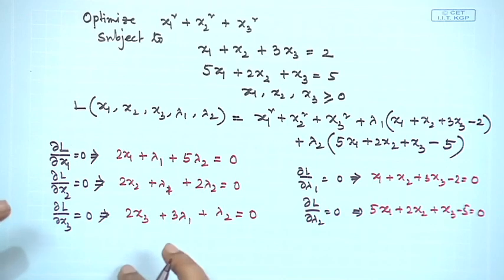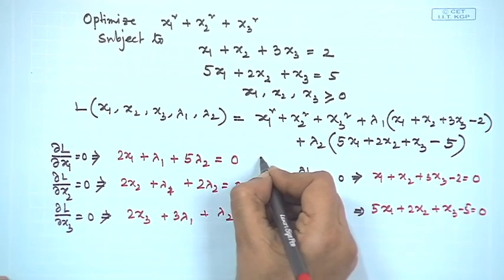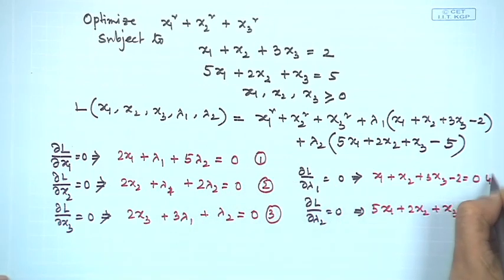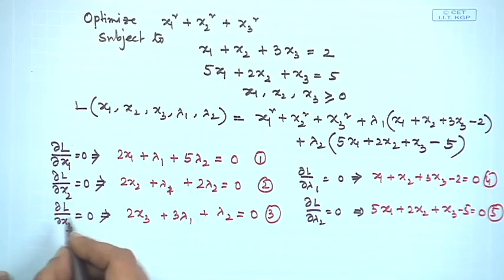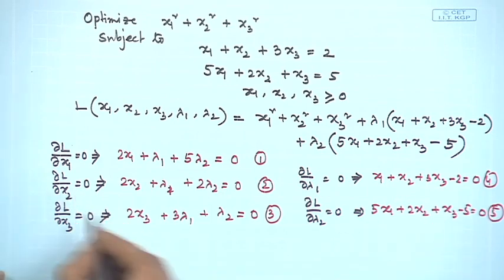Now, how can we solve it? You see, let me number the equations 1, 2, 3, 4, 5. If we substitute 1, 2 and 3 into 4 and 5, then it becomes 2 equations with 2 unknowns. All right.